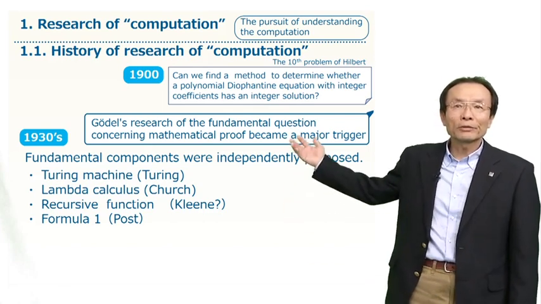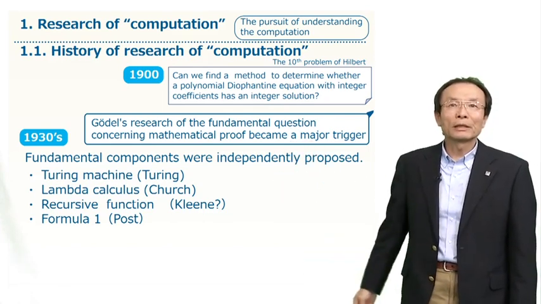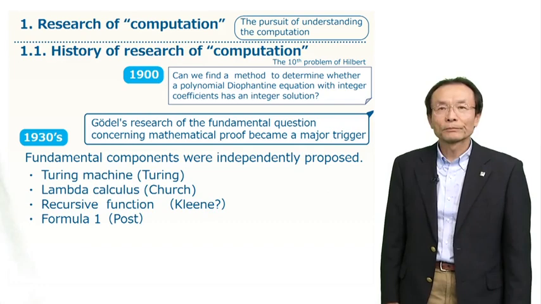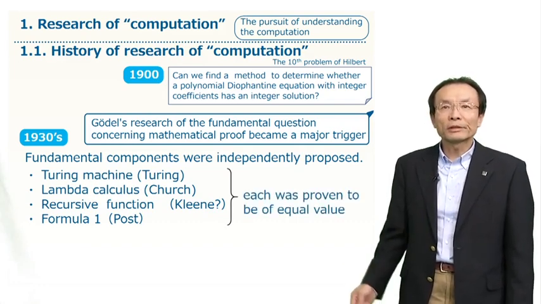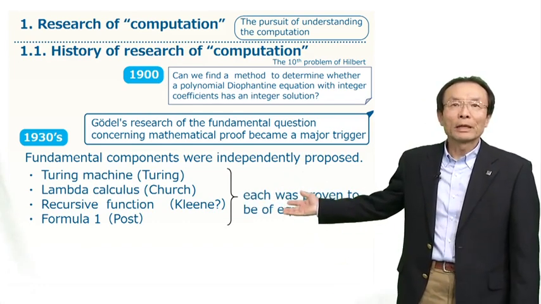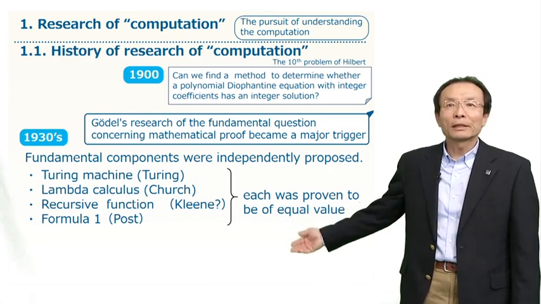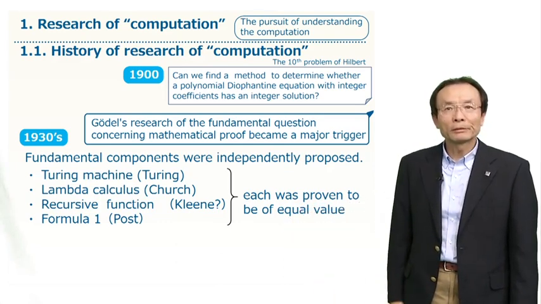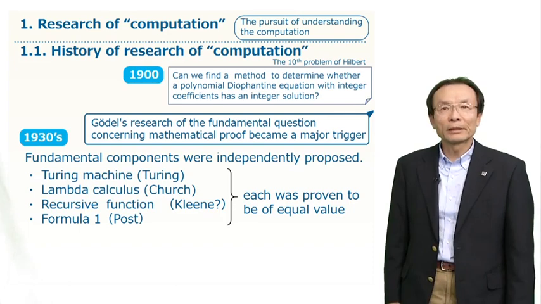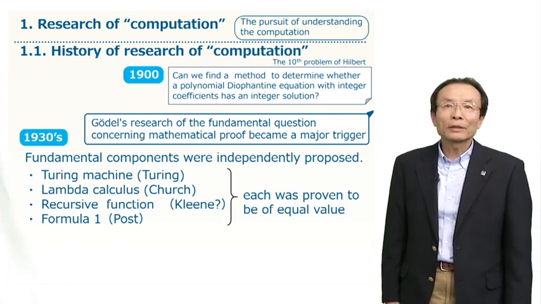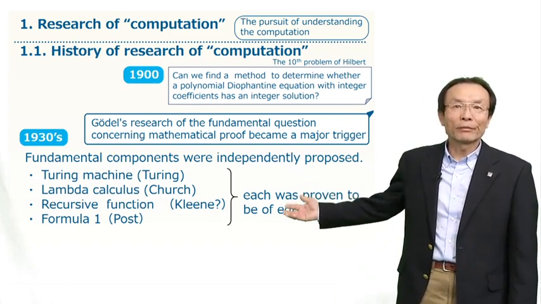Anyway, these computational methods had been independently proposed. But quite interestingly, they were proven to be equal. That is, each model is of equal value, exactly the same capability. Note that these methods were quite different.